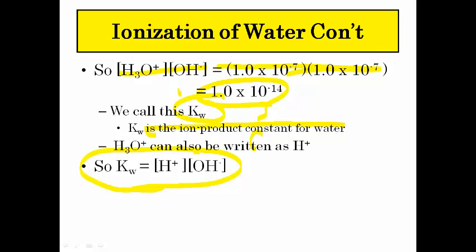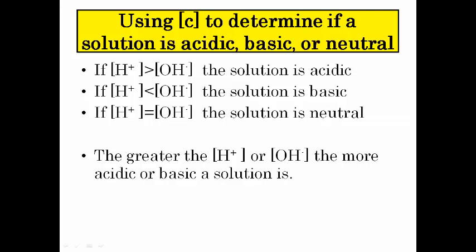And so we're going to actually do that. It also allows us to determine other things. For example, if in a solution the hydrogen ion concentration is greater than the OH ion concentration, it's acidic. If the hydrogen ion concentration is less than the OH concentration, the solution is basic.